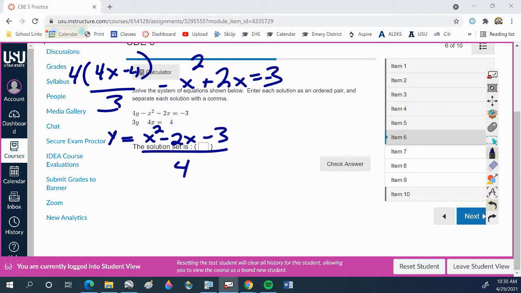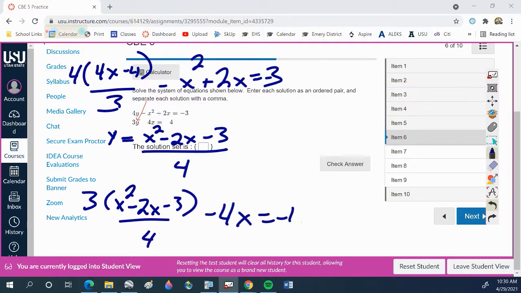So where would I put that? I would stick it right there. So 3 times x squared minus 2x minus 3 over 4 minus 4x equals negative 4. So it actually looks like the first method and this method are equally difficult. Okay? What about elimination?